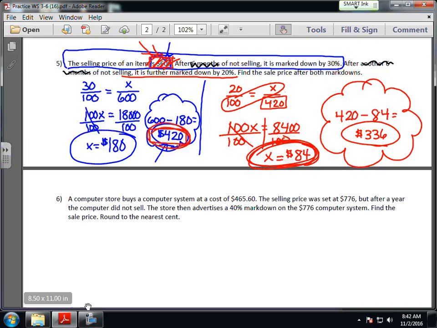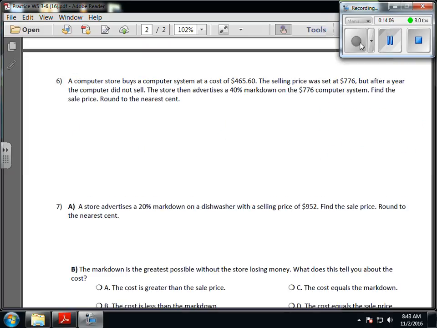All right, let's take a look at number 6. Number 6 says, a computer store buys a computer system at a cost of $465.60. The selling price was set at $776, but after a year, the computer did not sell. The store then advertises a 40% markdown on the $776 computer system.